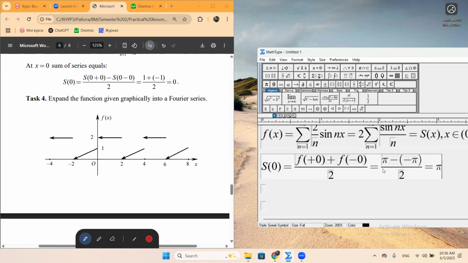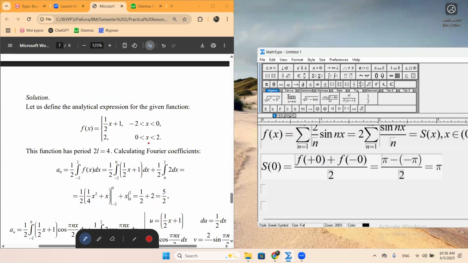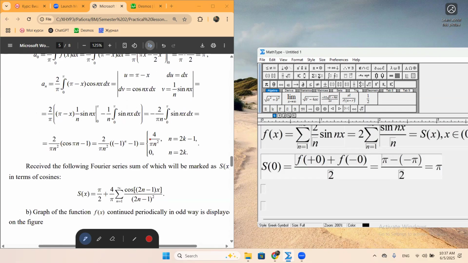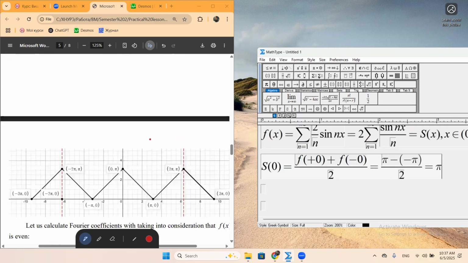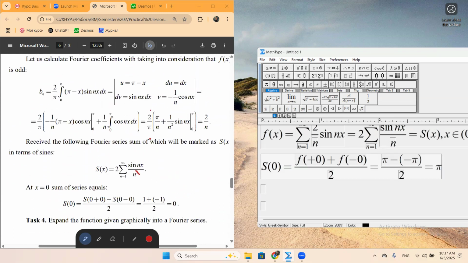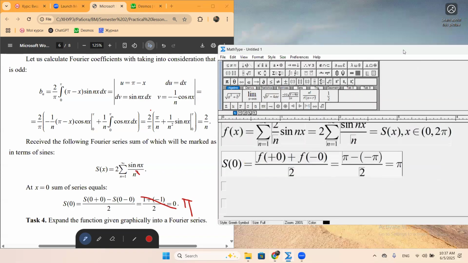Yeah, p, yes. Here will be p, and here minus p. So it must be equal to p. Yeah, so it's not correct as well. I don't know why, maybe a copy and paste mistake. So it will be equal to p. Any questions about this exercise?